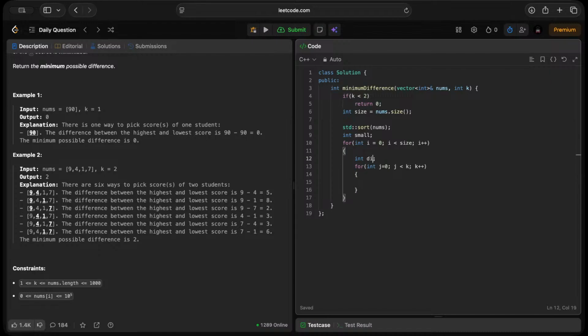We're going to want difference. So we actually want this to be k. And then j to be greater than 0. And j minus minus.